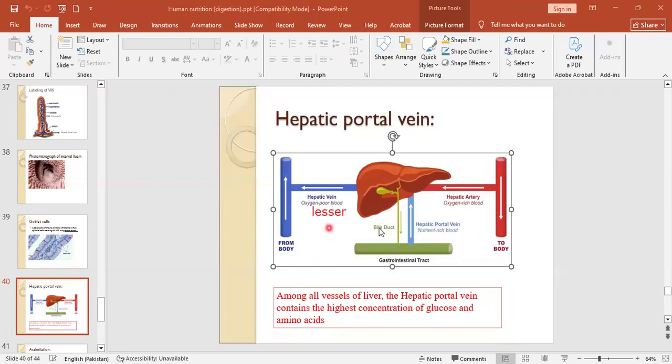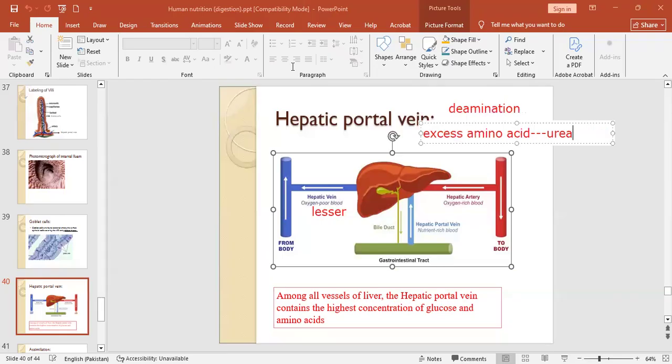Okay. And some of the amino acids are also less in the hepatic vein. Amino acids are more in the hepatic portal vein and less in the hepatic vein. What happened? There was a process we just studied in the functions of the liver, deamination. What does deamination do? It converts excess amino acids into urea.